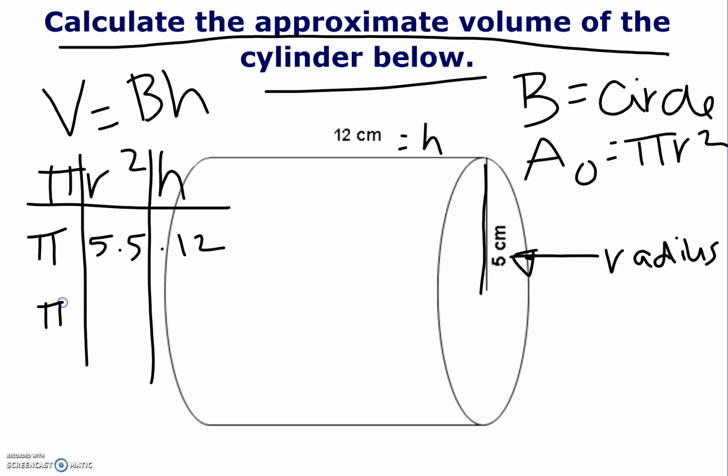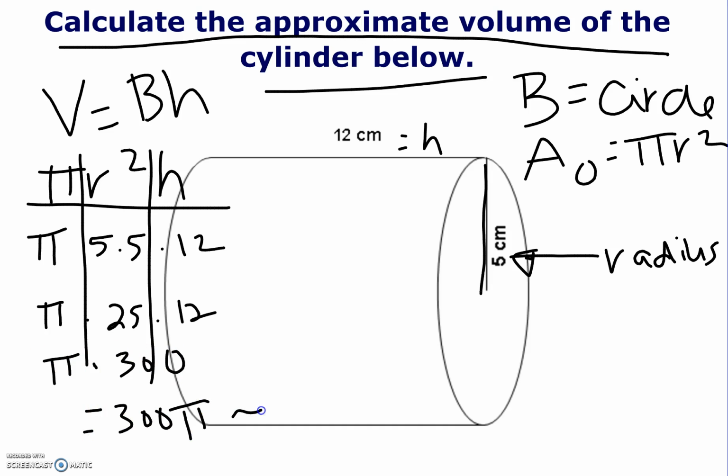So we have pi times 25 times 12. 25 times 12 is 300. So we have pi times 300. So that equals 300 pi, or about 942. And it'll be centimeters, because remember, we got to have our labels.